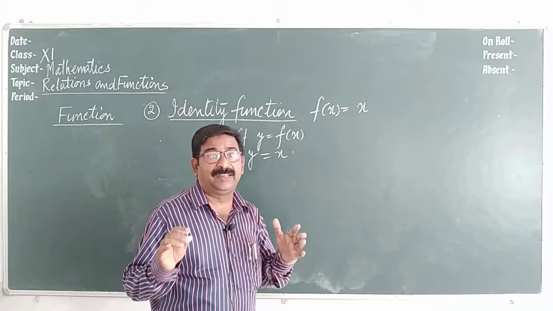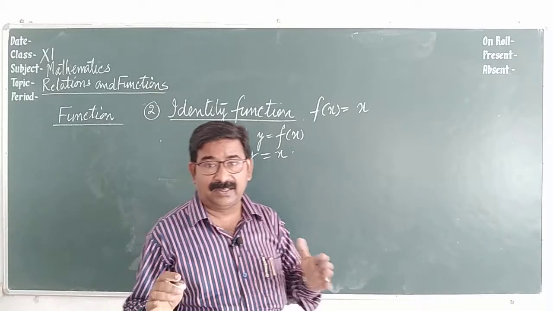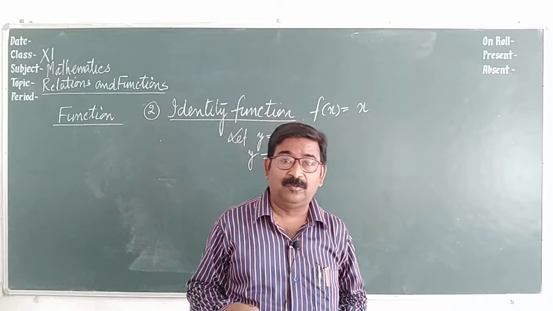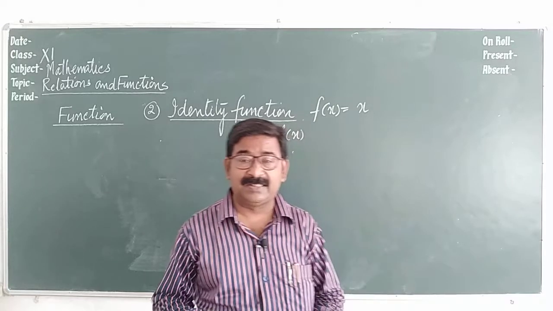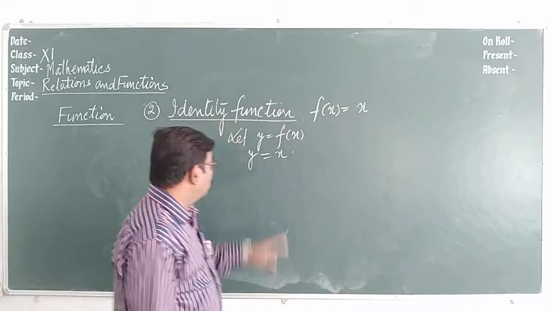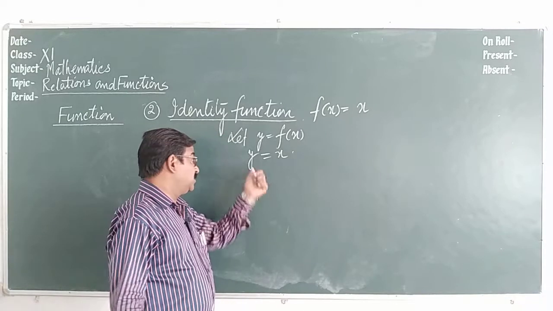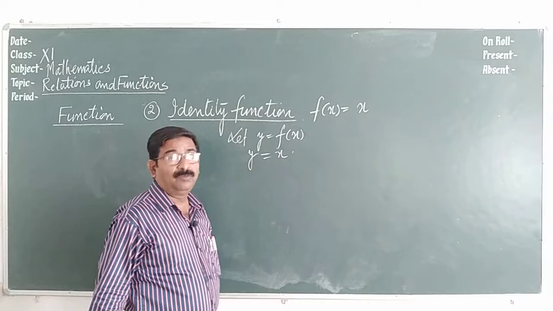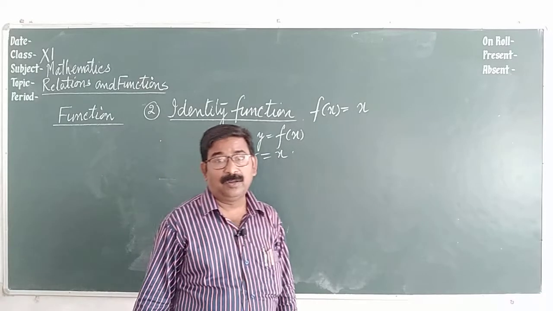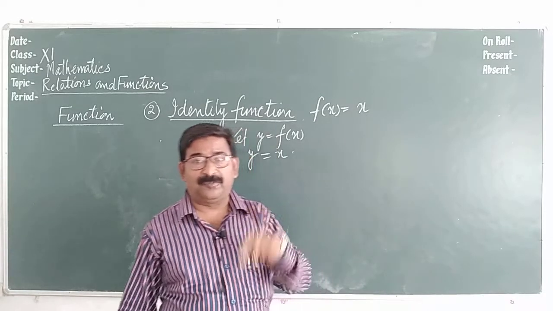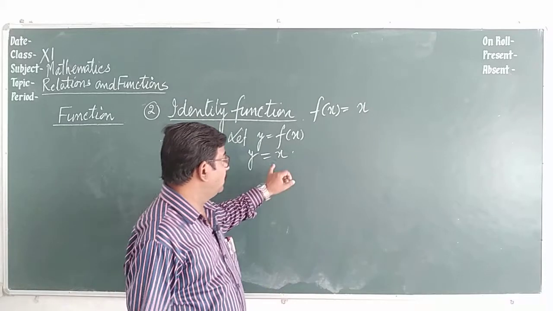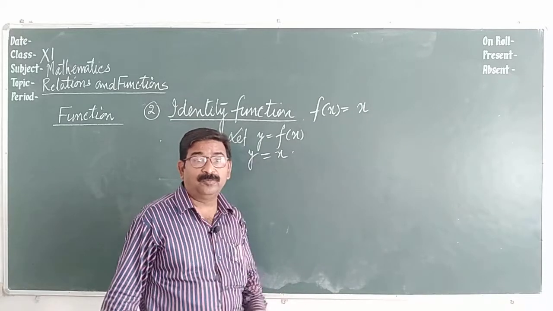What value we take on the x-axis, that is domain, and what value we obtain on the y-axis, that is range. So let us plot the graph of this equation. Here y and x are equal. For every value of x, we will have the same value of y.